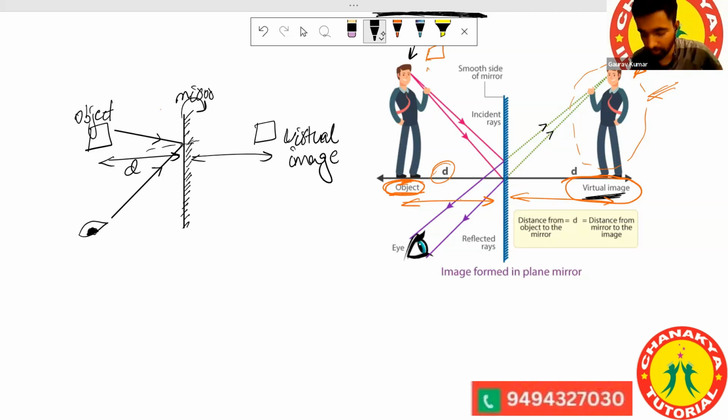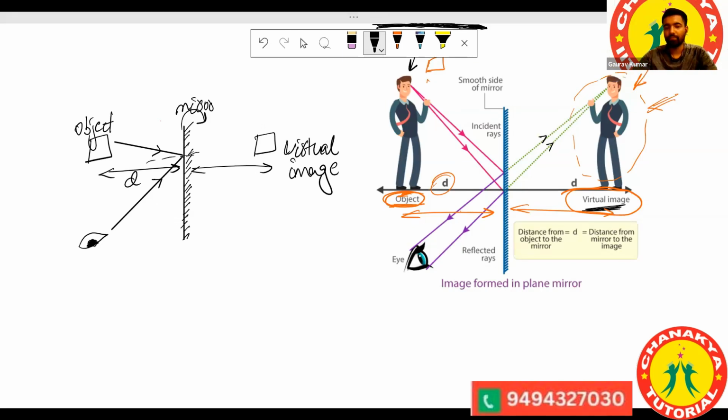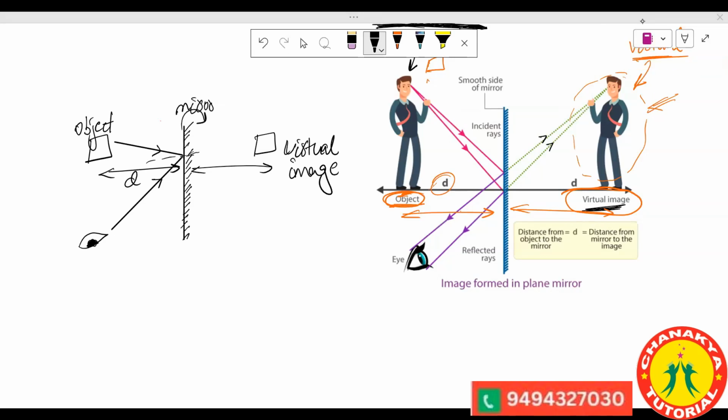Try this in front of your mirror. Stand in front of your mirror and see that there is some distance between you and the mirror, and you will feel that there is the same distance between the virtual image and the mirror. As you move away from the mirror, what will happen to the mirror image? Yes, the image in the mirror also goes far.